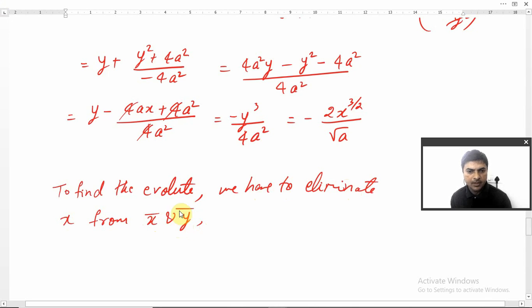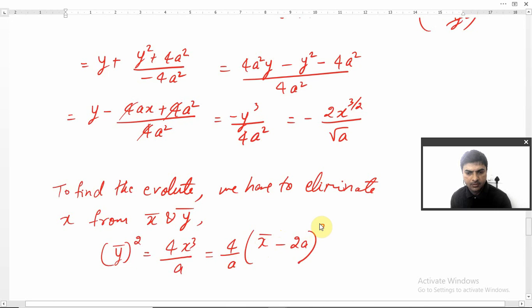So what we do, I will simplify 1 and 2. You may get like this: y bar the whole square is equal to 4x cube divided by a, which is equal to 4 divided by a, x bar minus 2a cube divided by 3.